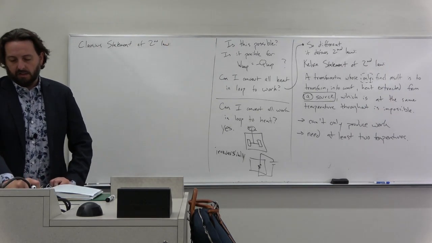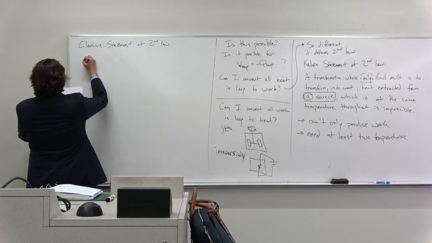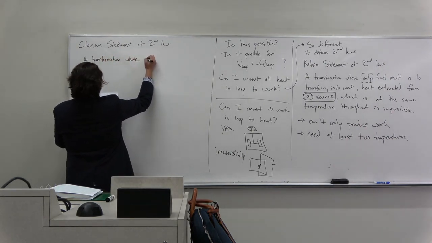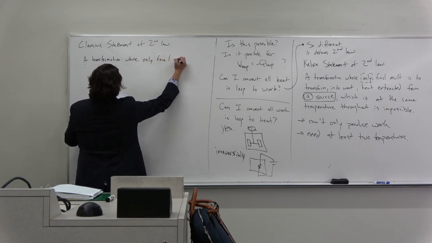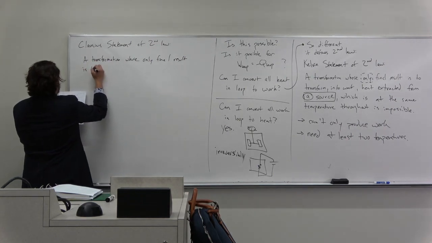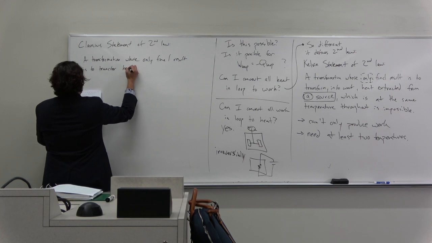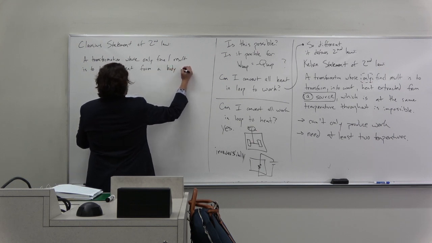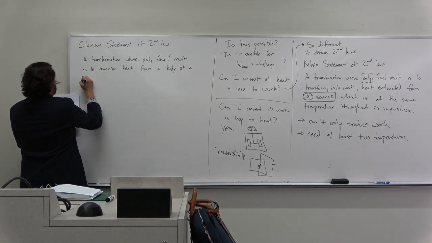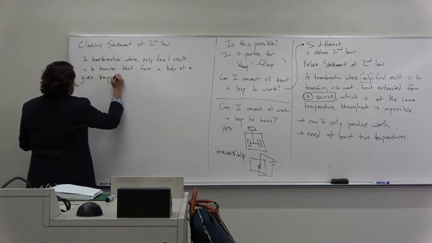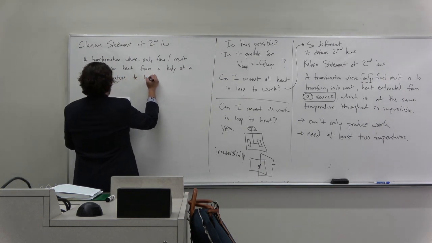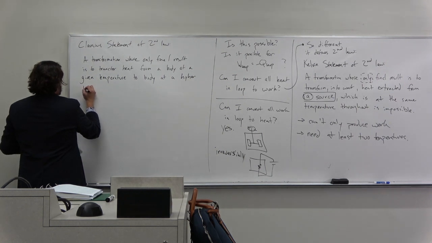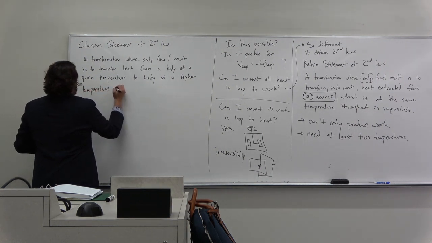The Clausius statement of the second law is a transformation whose only final result is to transfer heat from a body at a given temperature to a body at a higher temperature is impossible.